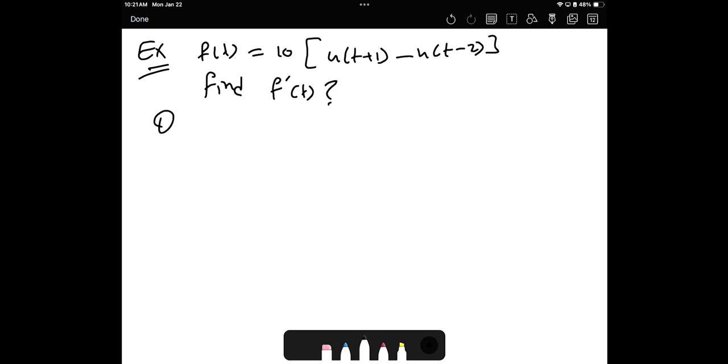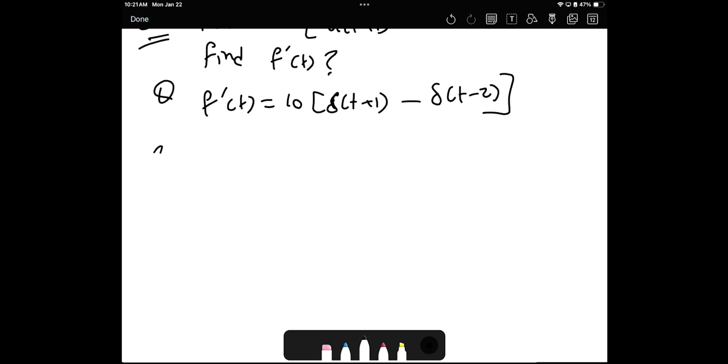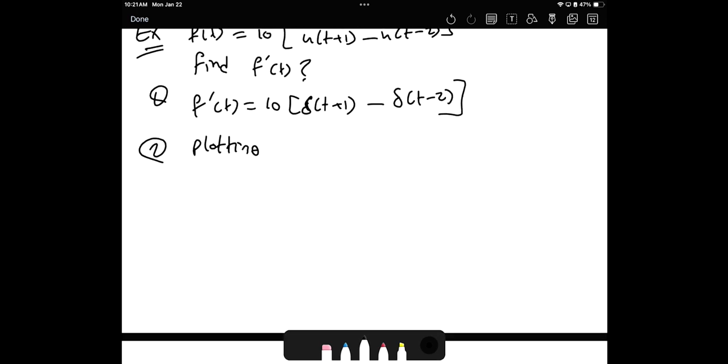The first way, using the mathematical expression: f prime of t equals 10 times the derivative of u, which is delta t, plus 1 minus delta t minus 2. And that's it, I'm done. Or method number 2, using plotting. So I'm going to plot f of t first, then we will plot the delta.